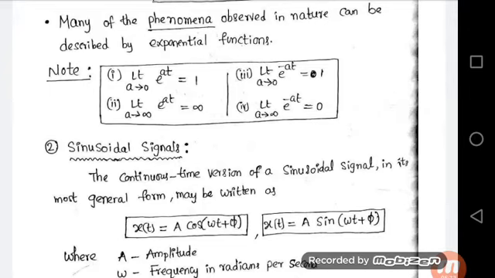Many phenomena observed in nature can be described by exponential functions. There are also some rules for solving problems. Limit as a tends to 0, e power a t equals 1. Limit as a tends to infinity, e power a t equals infinity. Limit as a tends to 0, e power minus a t equals 1. Limit as a tends to infinity, e power minus a t equals 0.